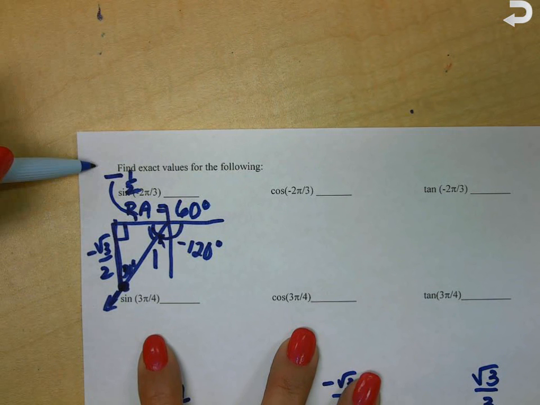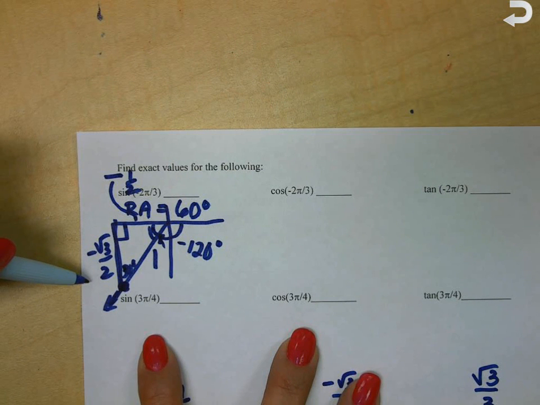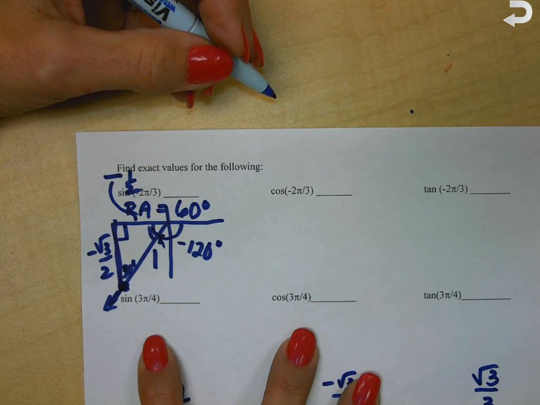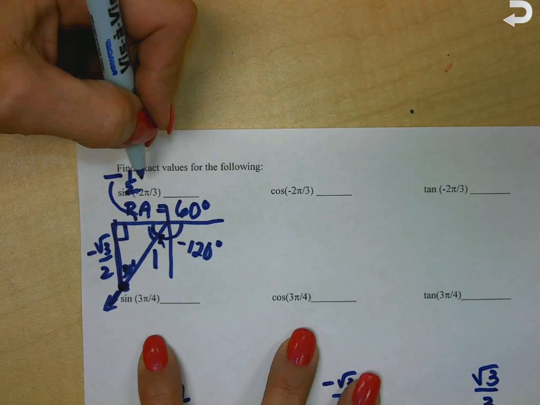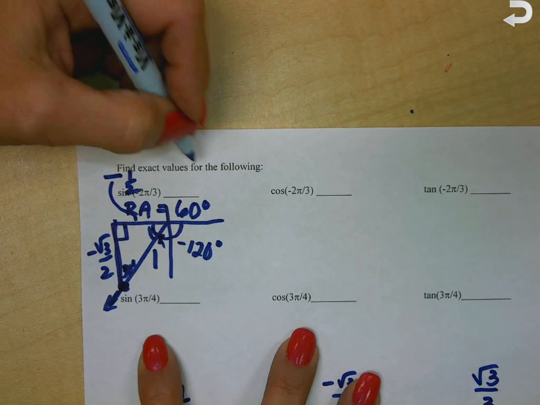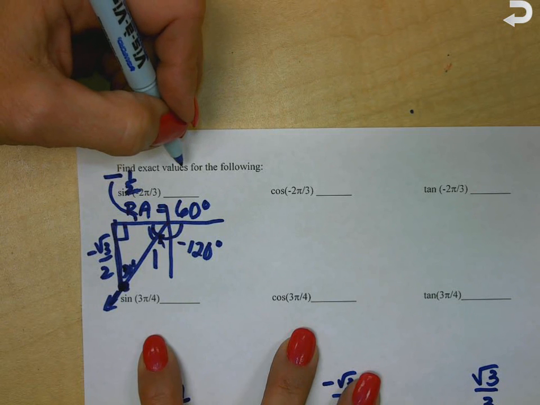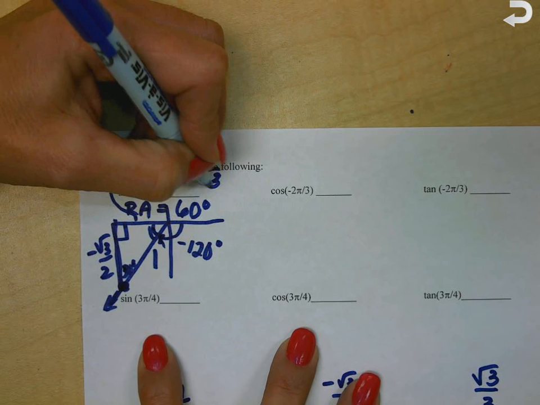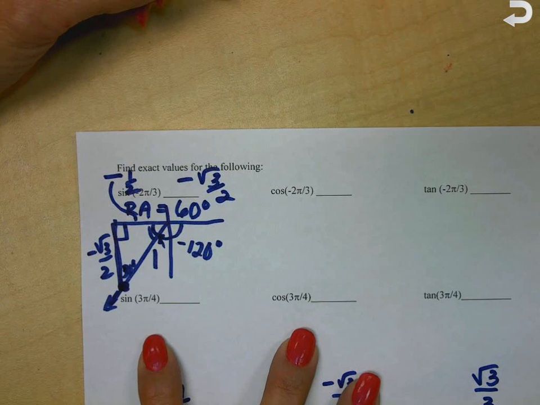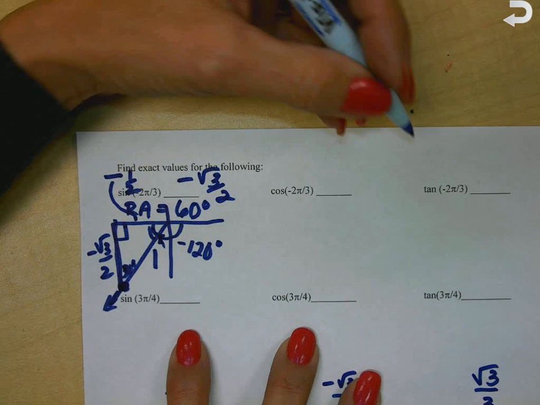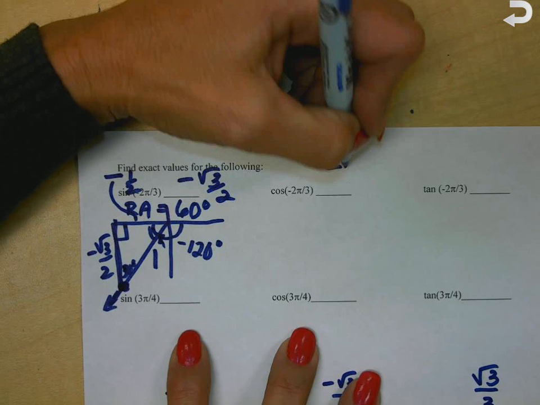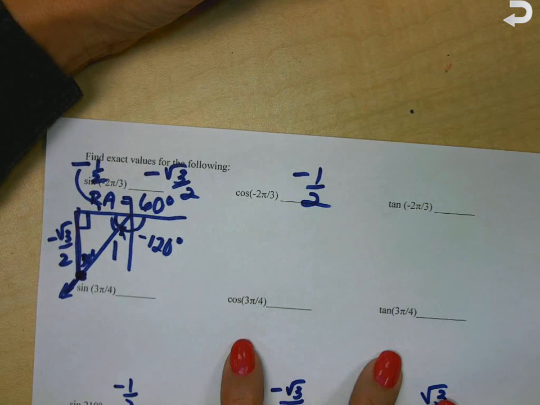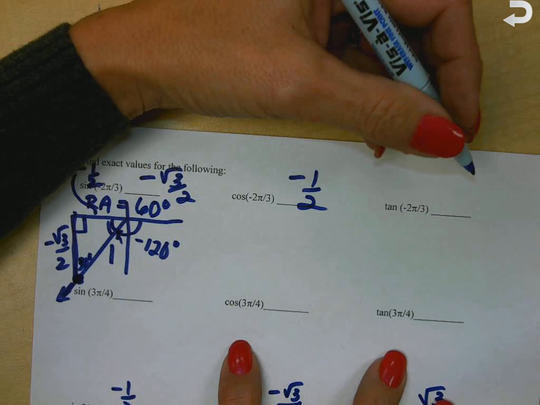So I have to know my reference triangle for a 30, 60, 90 triangle. Now, once again, that's the x-coordinate, the negative 1/2. The y-coordinate is negative square root of 3/2. So when I find the sine of negative 2 pi over 3, I know the sine is the y-coordinate, which is negative square root of 3/2. The cosine of that angle is the x-coordinate, which is negative 1/2.